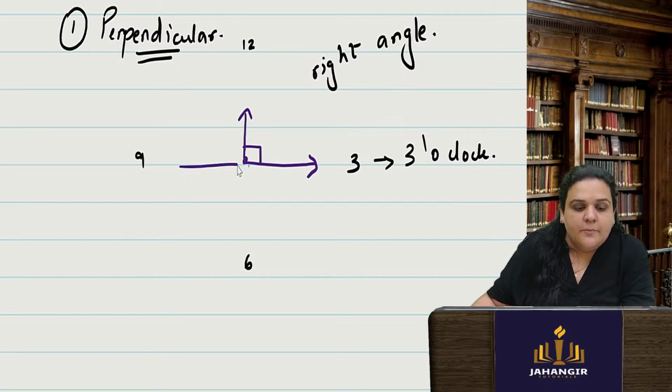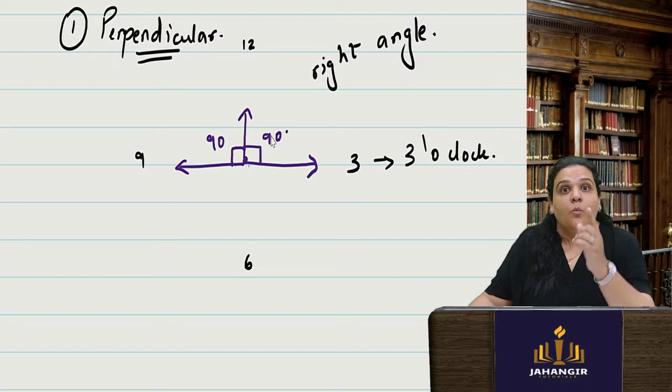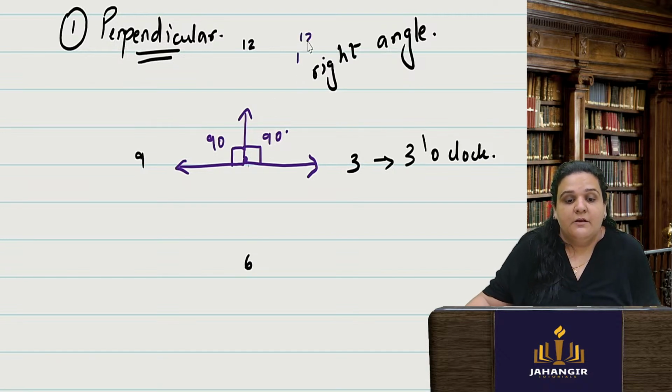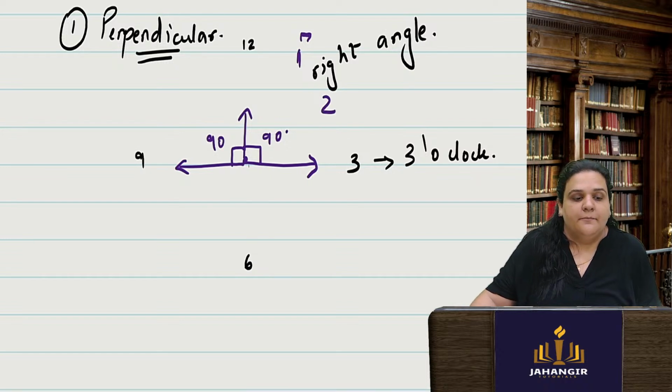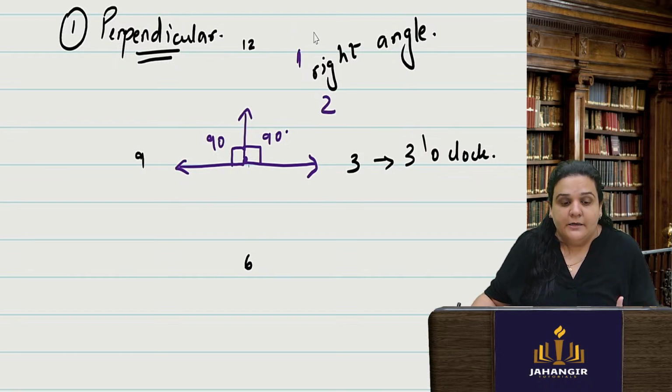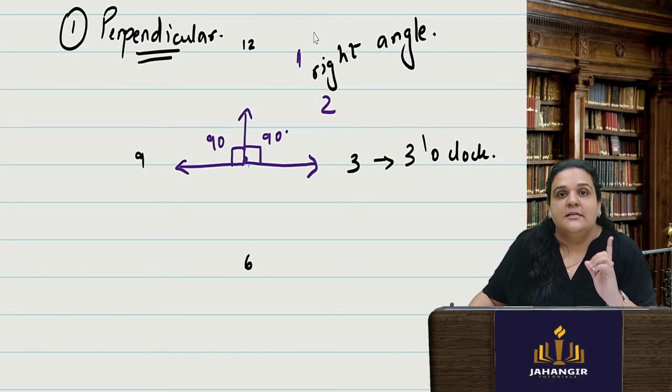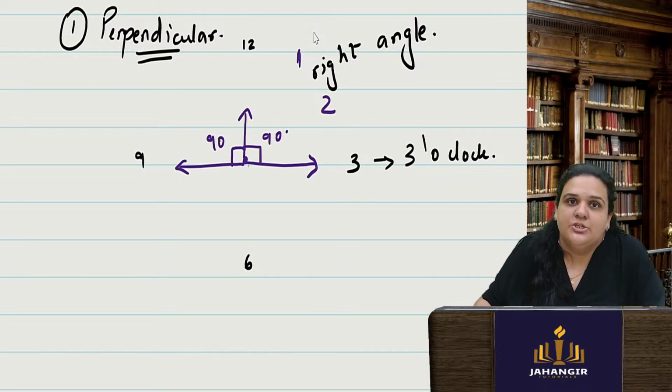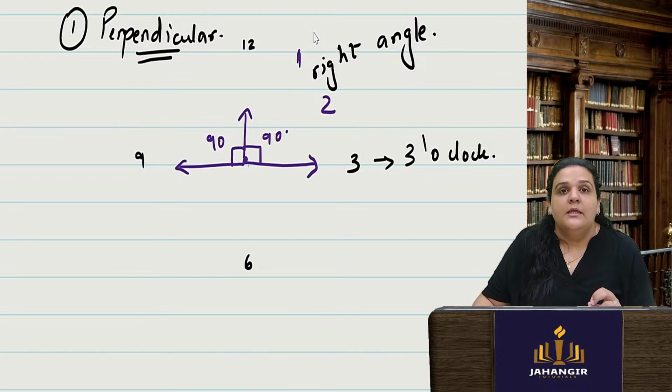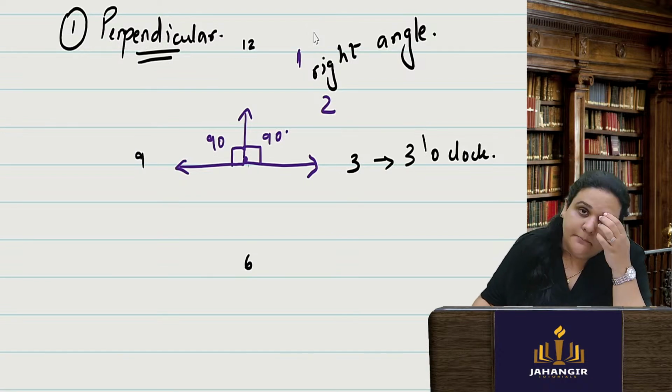When it is 12:45, it is going to be perpendicular. So 2 times in a given 1 hour, the hour hand and the minute hand are going to be perpendicular to each other.